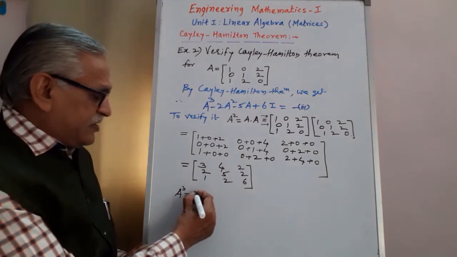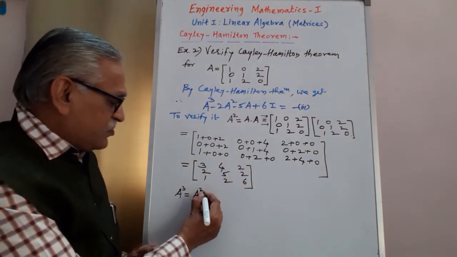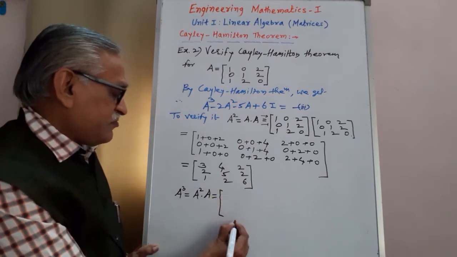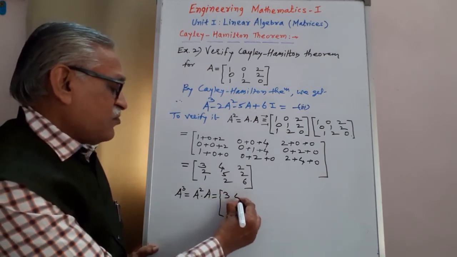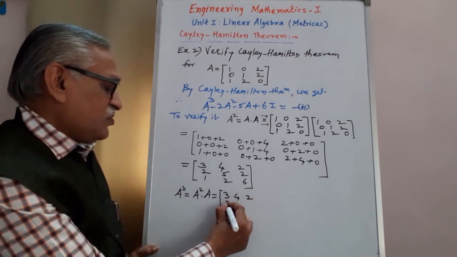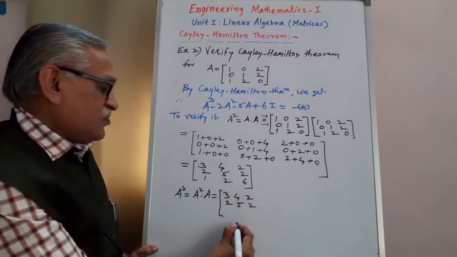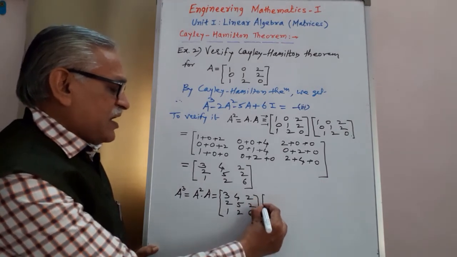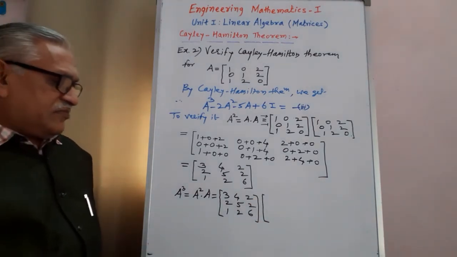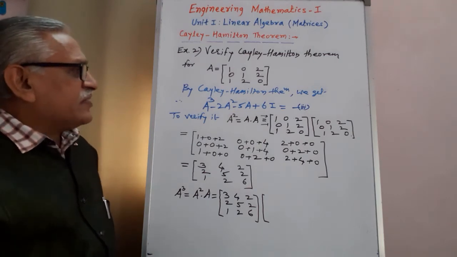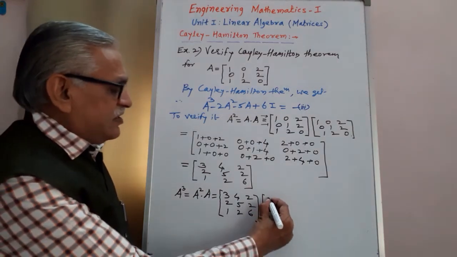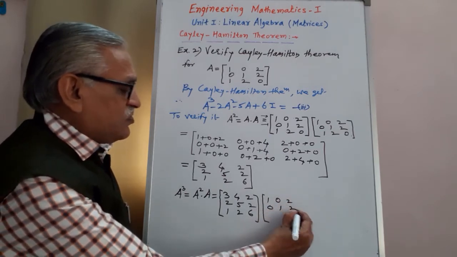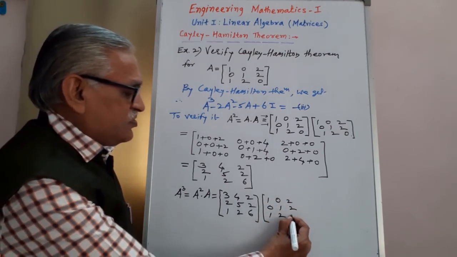Then we find A cube. That A cube matrix is the matrix of A square into A. The matrix of A square is 3, 4, 2, 2, 5, 2, 1, 2, 6 multiplied by that matrix A. That matrix A is 1, 0, 2, 0, 1, 2 and 1, 2, 0.